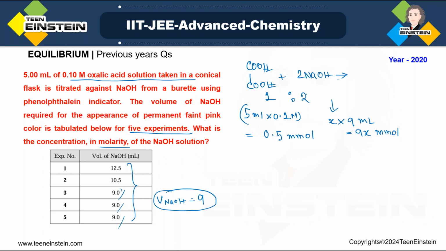But here, as there is a 1:2 relationship, ultimately you have to multiply this 0.5, because for 0.5 millimole of oxalic acid, basically 0.5 into 2 millimole, double the millimole of NaOH is required, and that is equal to 9x millimole. So the X value from this we can calculate. So what we will be getting? It is basically 1/9.